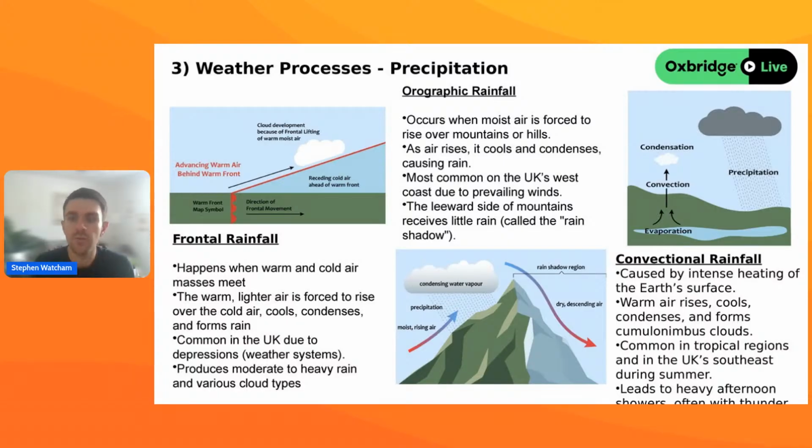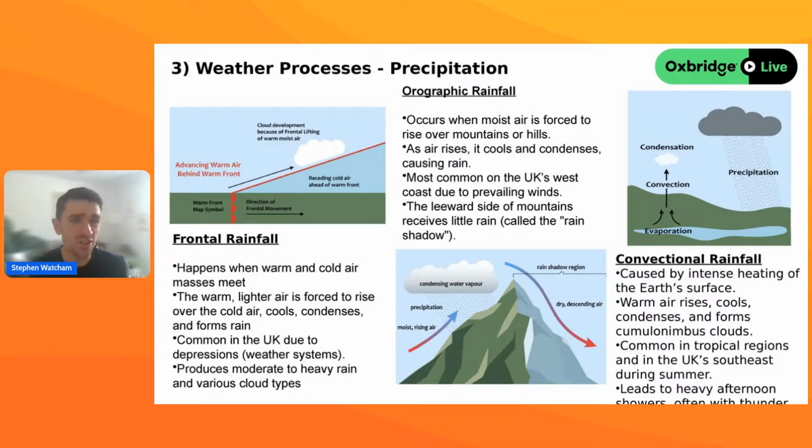The third one is convectional rainfall, caused by intense heating of the Earth's surface. Often can occur at the equator. Warm air rises, cools really quickly, and forms cumulonimbus clouds. This is what's really common in tropical regions, and to a certain degree in the UK's southeast corner.